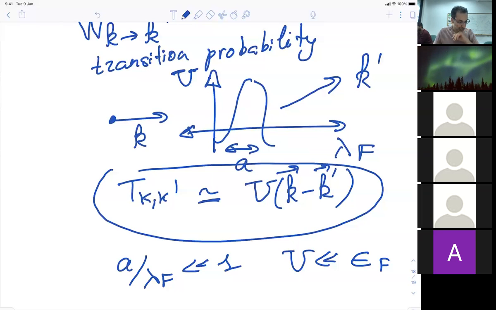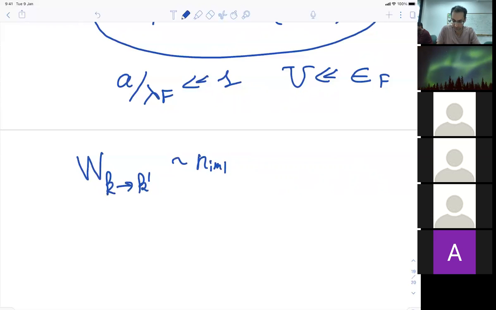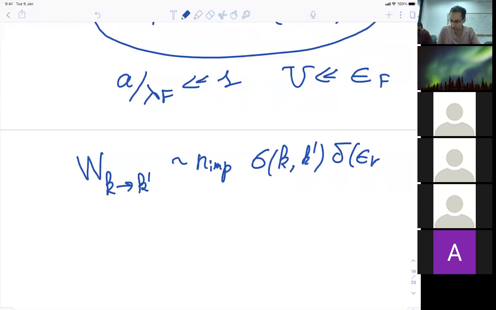Thank you. Well, what I'm trying to say probably is that generally speaking, what stands here for the transition between state K and K prime is the number of impurities times the differential cross section for the state K and K prime times energy conservation.